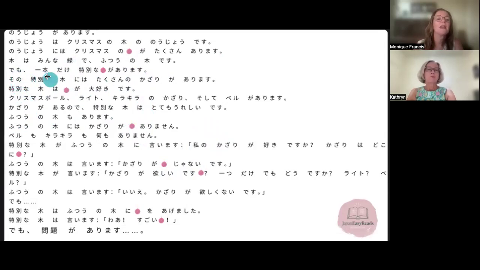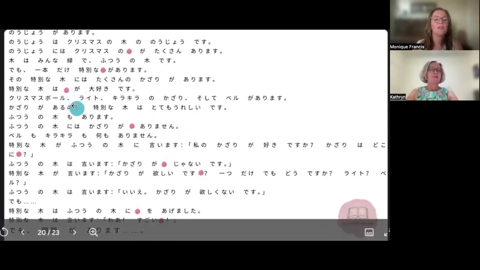Demo: 一本だけ特別な「ん」があります。特別な木は「ん」が大好きです。何が大好きですか？車が大好きですか？何が大好きですか？飾りが大好きですね。So you can use this to read and discuss as you go.